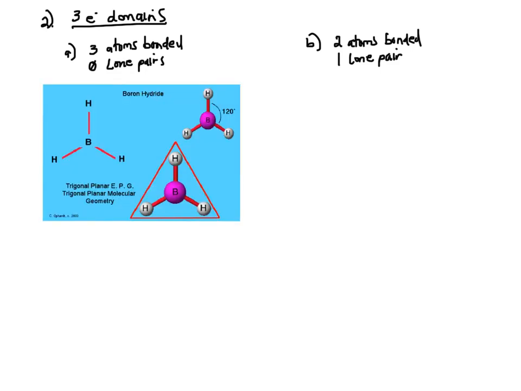So let's focus on the first one, where you have 3 atoms bonded to your central atom with 0 lone pairs. Boron trihydride, for example, BH3. You've got your boron in the middle, and there are 3 atoms bonded to it for a total of 1, 2, 3 electron domains, and there are no lone pairs on our central atom.